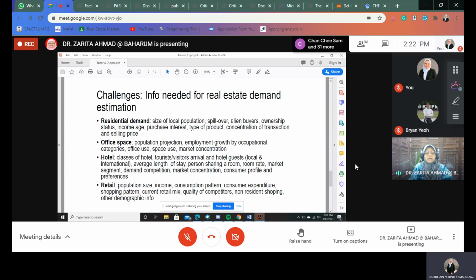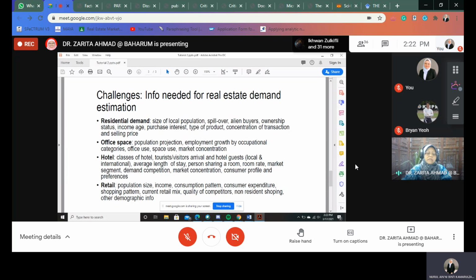But you'll be able to do it provided that you have all that information. Then it can be justified and near accurate, maybe not 100% accurate. That's regarding the residential demand. Then you are looking at the office space.